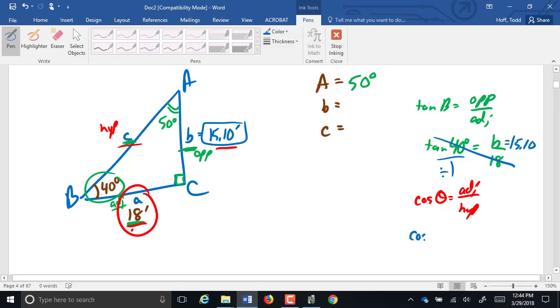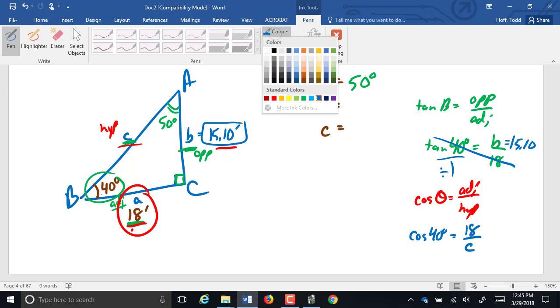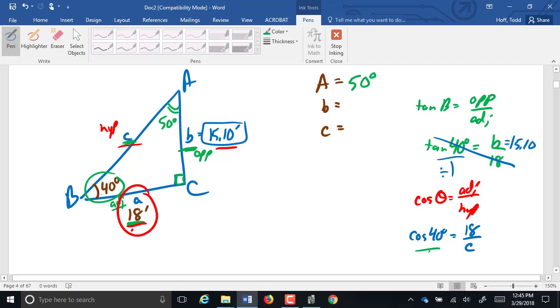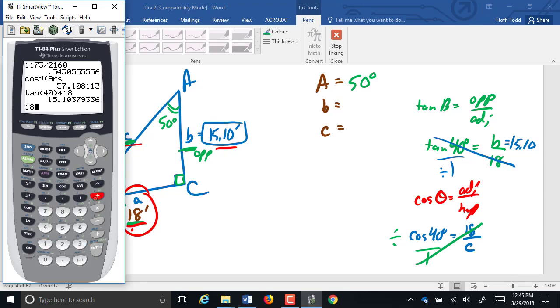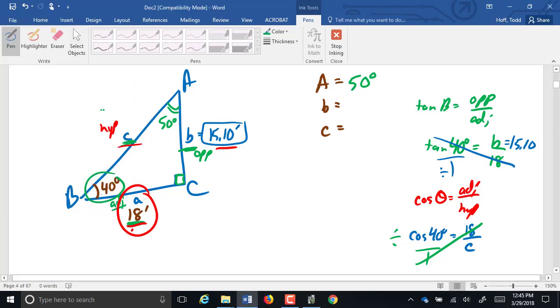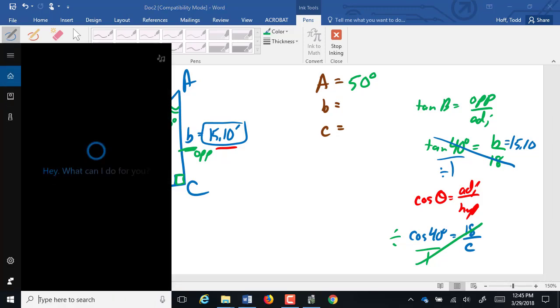So cosine of 40 degrees equals my adjacent side of 18 over my hypotenuse of C. I do the same thing. Put my trig function over 1 and I will cross multiply and divide. 1 times 18 is 18 divided by the cosine of 40, giving us 23.50 feet. Not so bad.